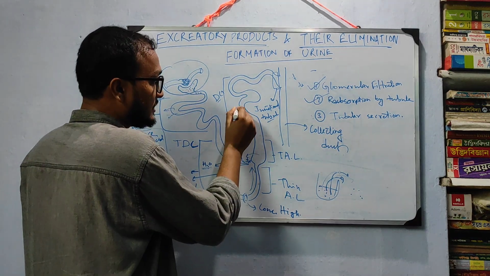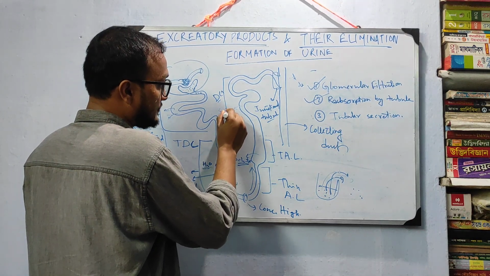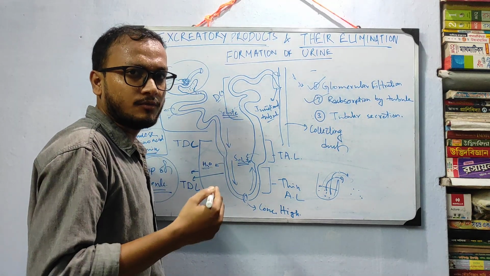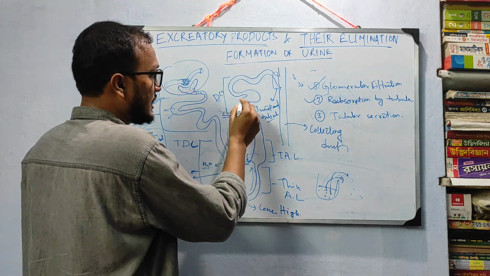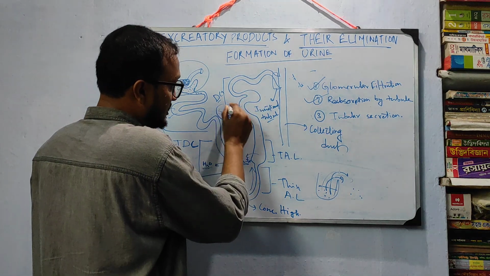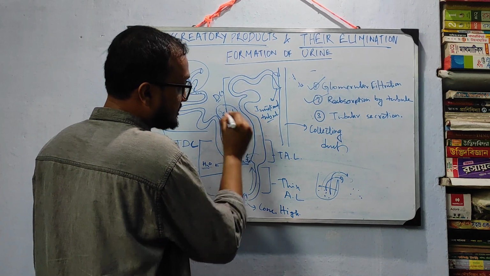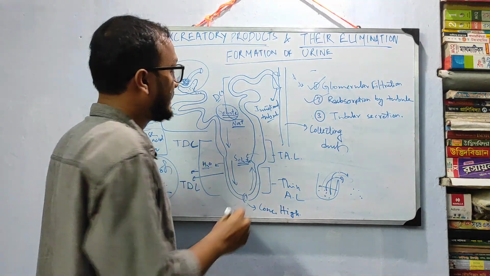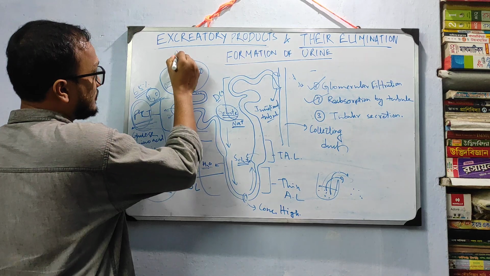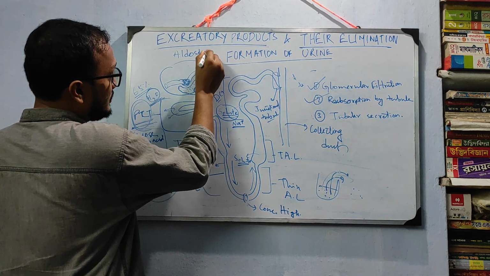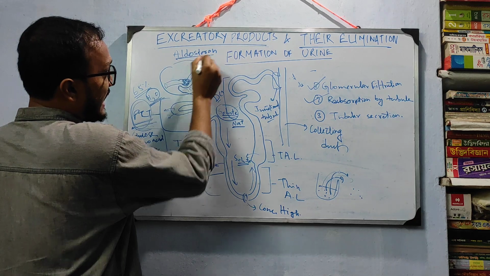In the DCT portion, solutes like sodium, potassium, and phosphate are absorbed. In this region, the absorption of sodium depends upon a hormone known as aldosterone, which is released by the adrenal cortex.